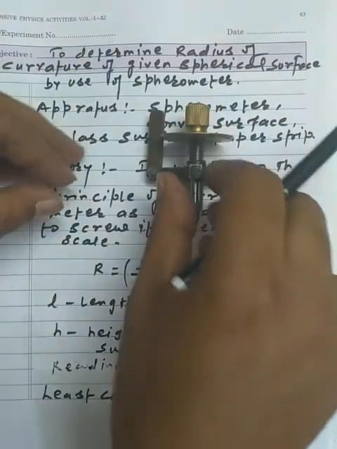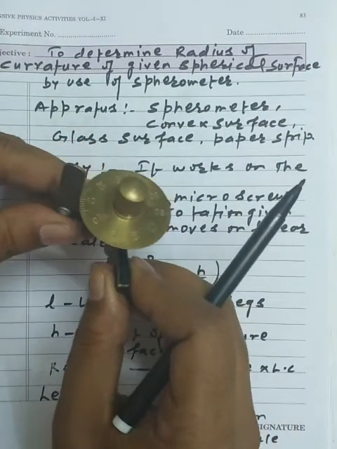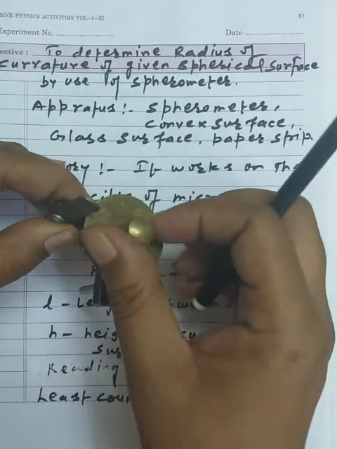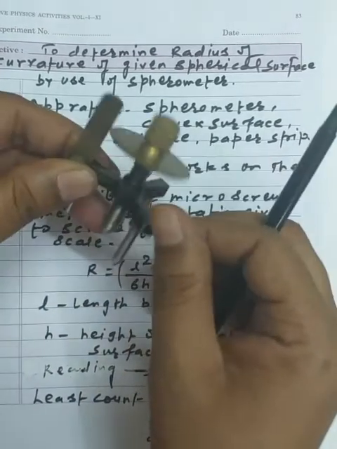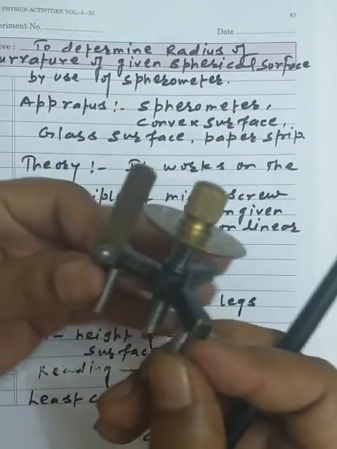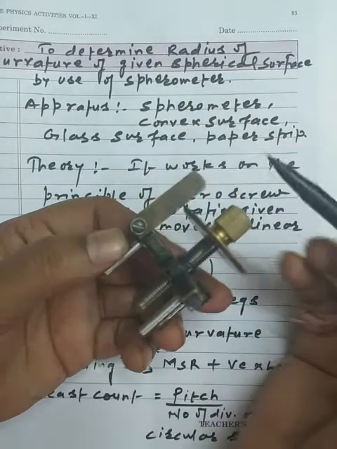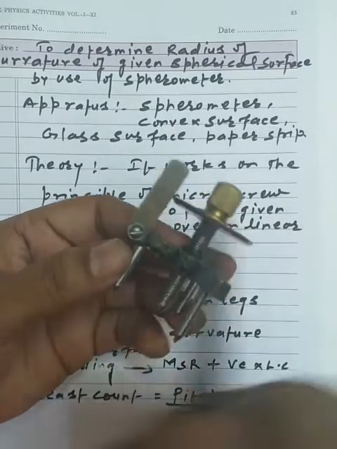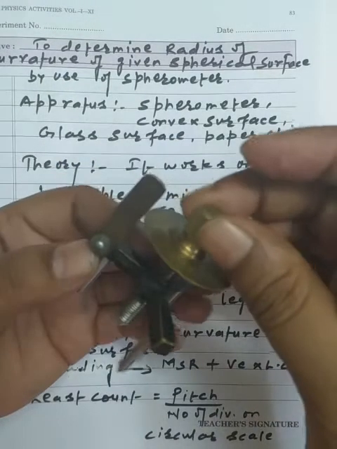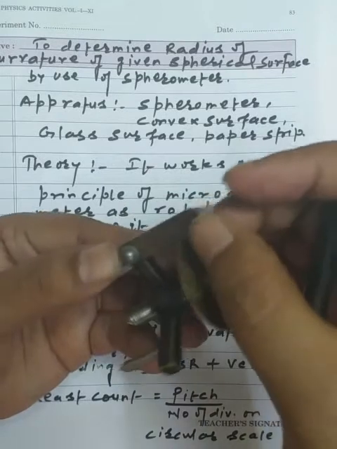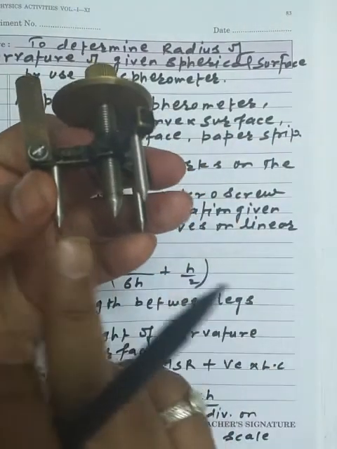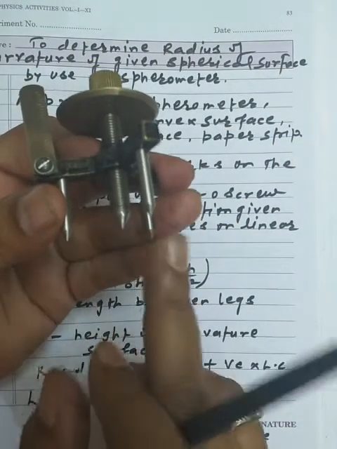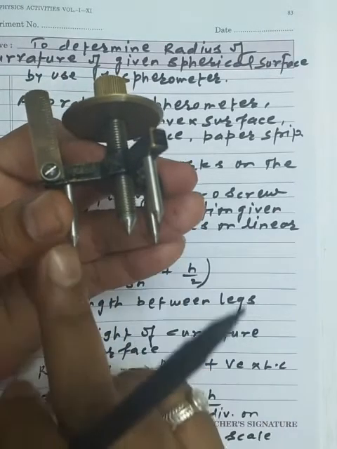I am showing what the main scale is and what the circular scale, or circular screw, is. This is the vertical scale mounted on it, called the main scale. This is the rotating screw, and these are the four tip points, of which three are the legs.